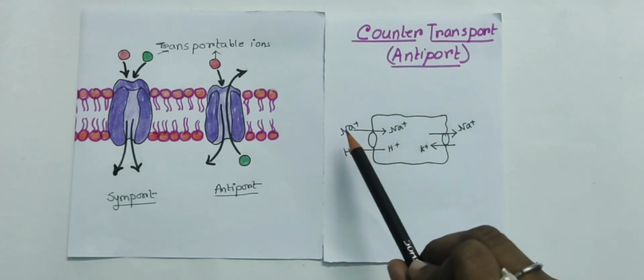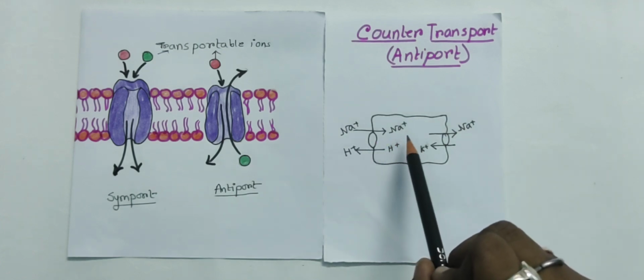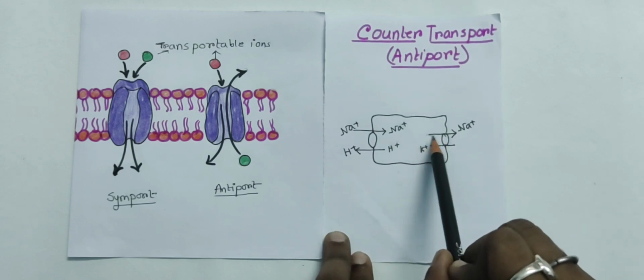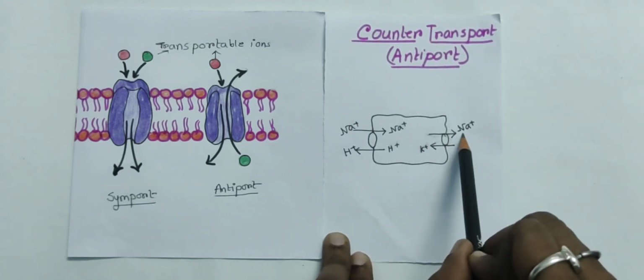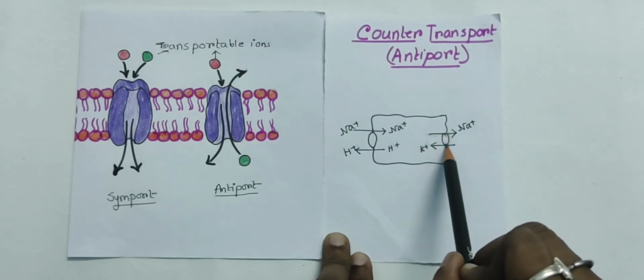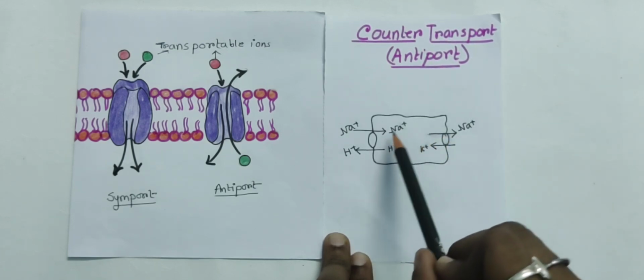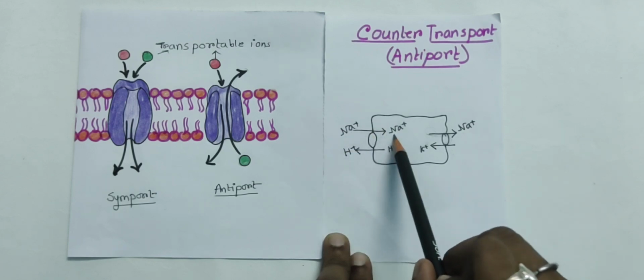Here the sodium is entering the cell, and there are channels that throw the sodium outside of the cell. Here the energy is used from the ATP, and that energy also fills up that space. For the next cycle, sodium enters the cell.